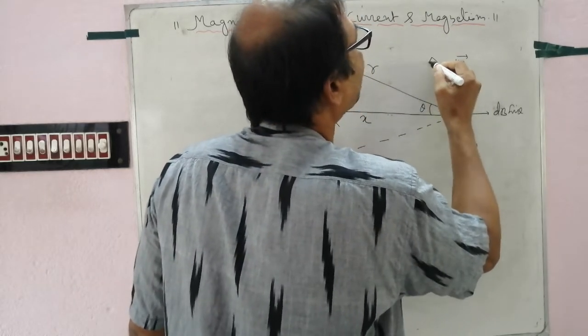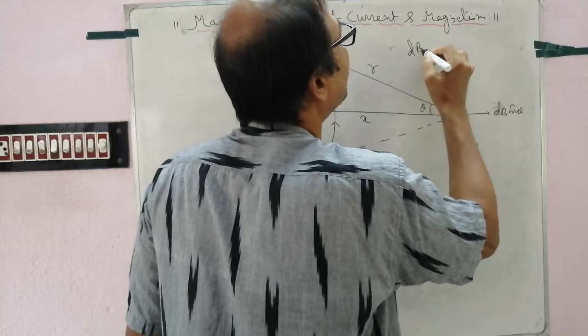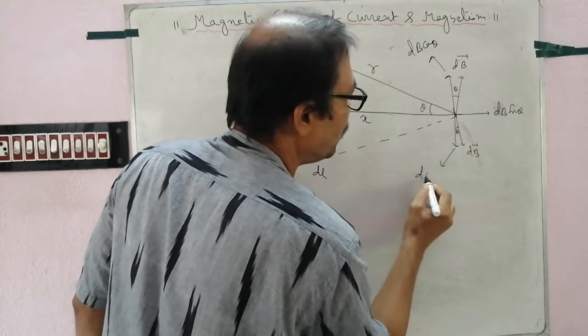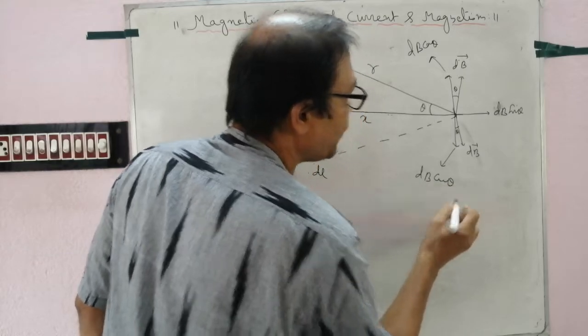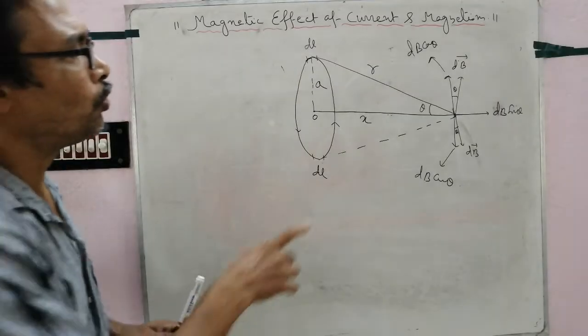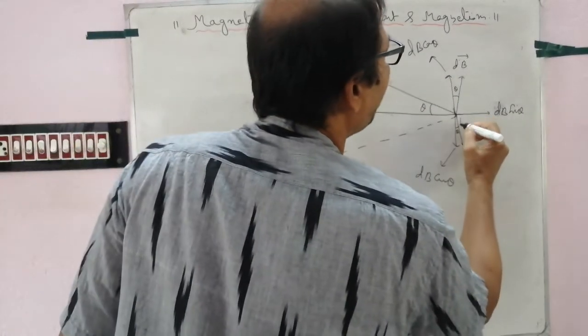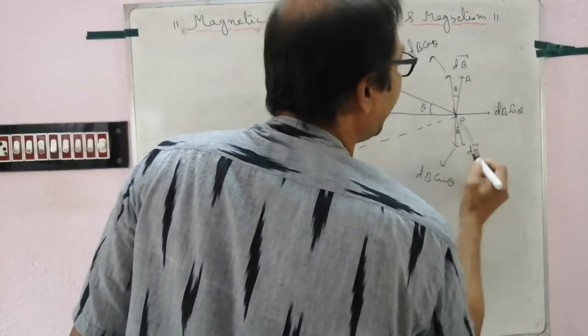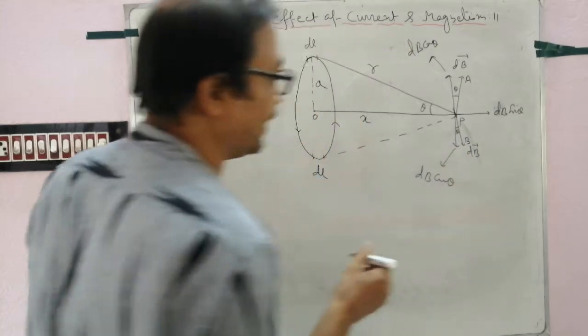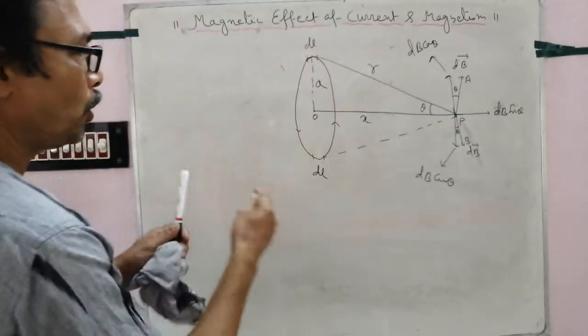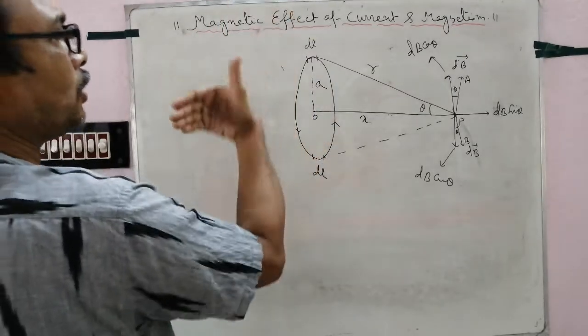This is dB cos theta, and this is also dB cos theta. Follow why the direction is in this way. At P, PA is the direction and PB is the direction. PA is the direction of the magnetic field due to small dl. Follow, this is the circular loop in the anticlockwise direction.